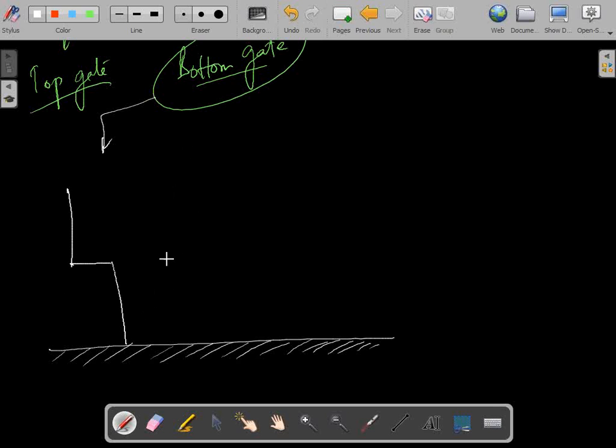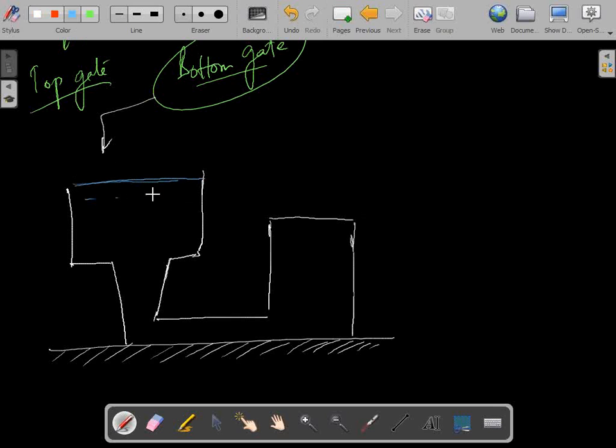This is your sprue. This is your mold. Yeah, this is your bottom gate.